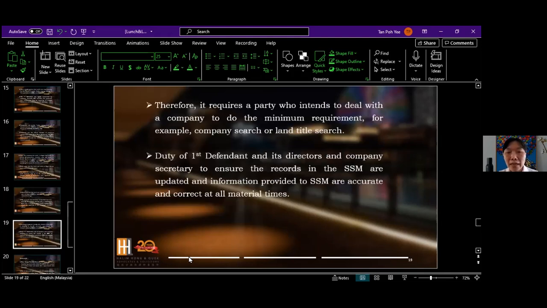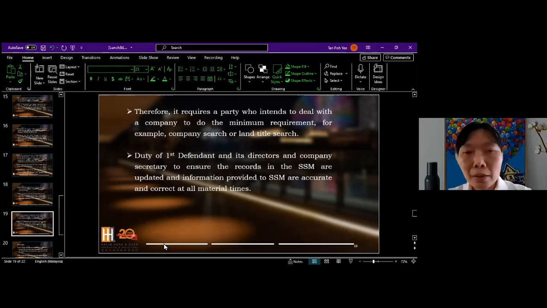Therefore, it requires a party who intends to deal with a company to do the least minimum, and you are entitled to rely on information as provided under the search. That's the bare minimum that an outsider needs to do.